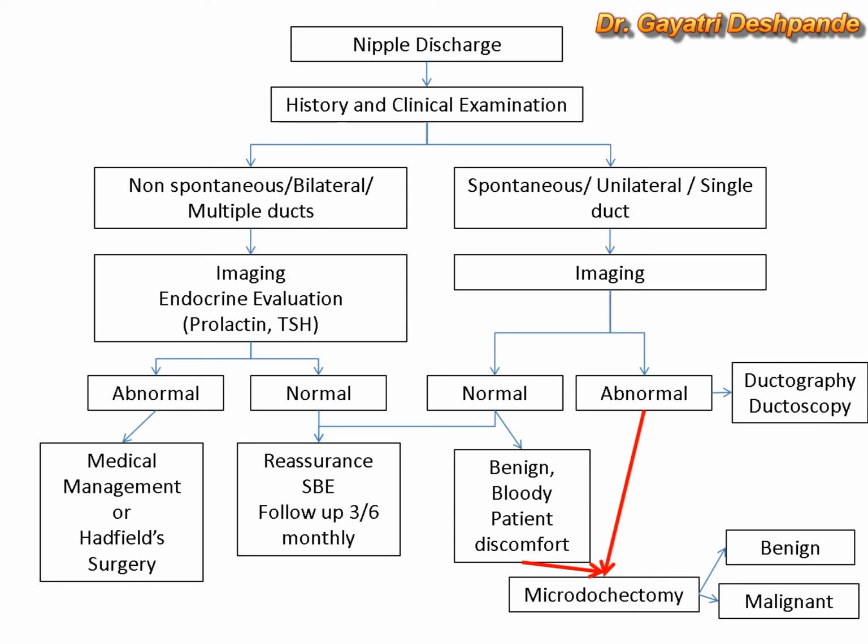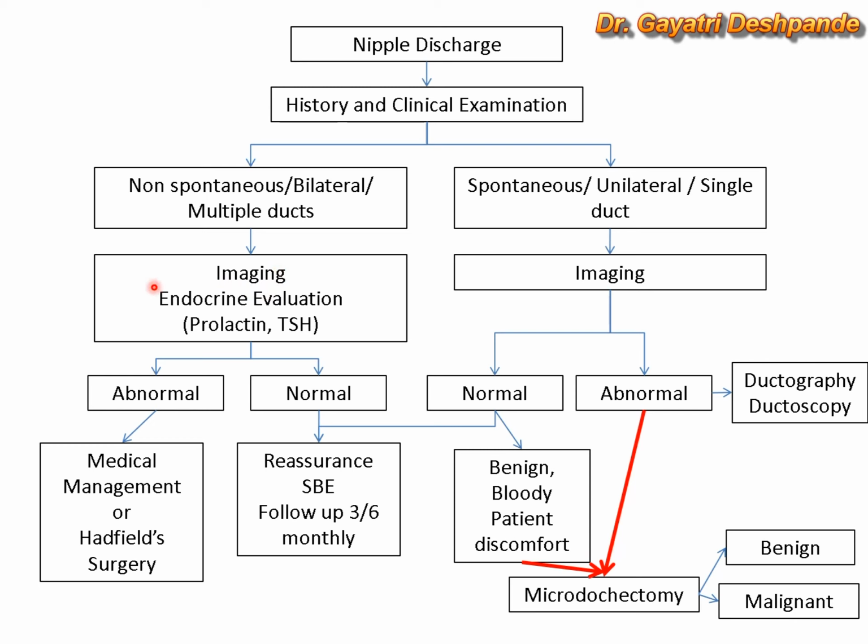So in conclusion, when a patient of nipple discharge comes to you, a thorough history and clinical examination in the clinic is mandatory. If the discharge is non-spontaneous, bilateral and involves multiple ducts, it is usually a physiological discharge which can be proven on imaging.